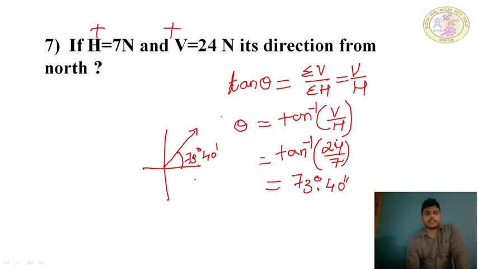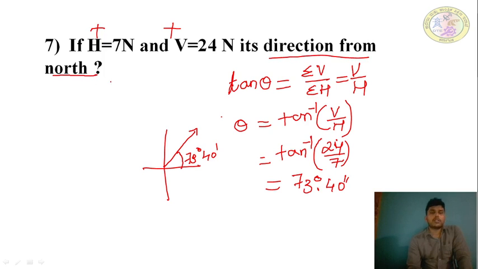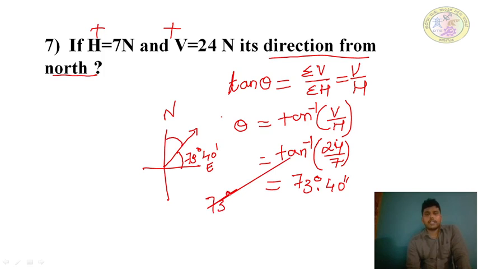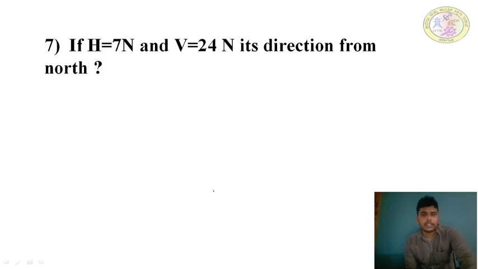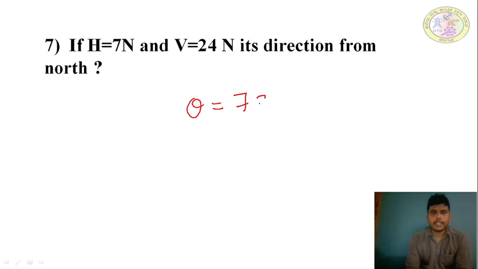But in this case, they have asked the direction from north. We have to deduct from north. This is north and this is east. The 73 degree 40 minutes is measured from here. Theta is equal to 73 degree 40 minutes.